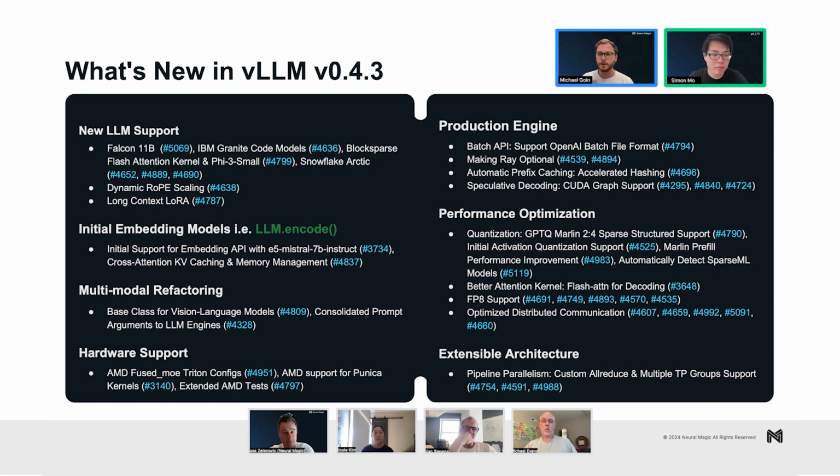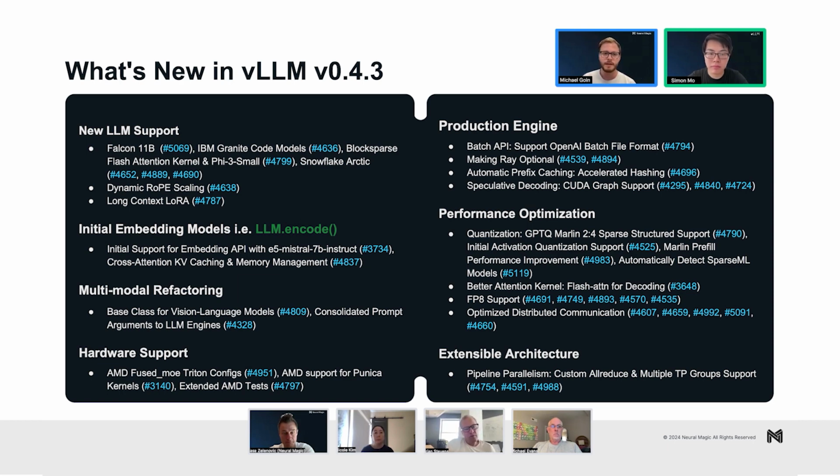Another thing that's on early support is support for embedding models. vLLM has been building for a while on supporting more than just text generation models. First, they started with multimodal, making vLLM support vision language models, which we're putting broadly under multimodal.